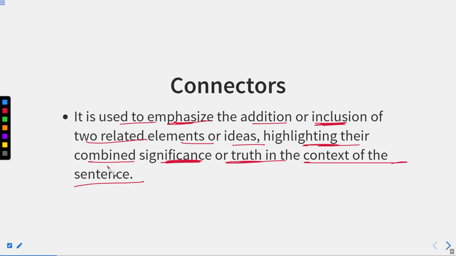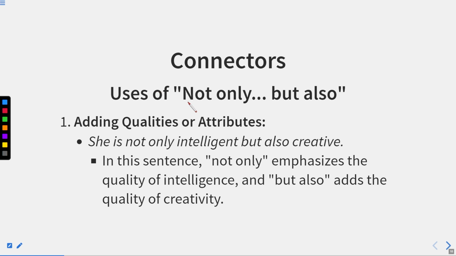They both should be included, nothing can be ignored because both have the same significance. Now let us discuss uses of not only but also. Adding qualities or attributes. She is not only intelligent but also creative.